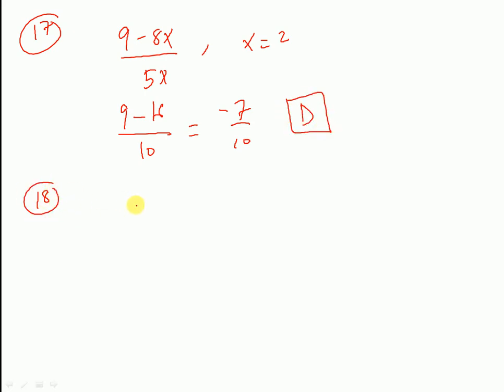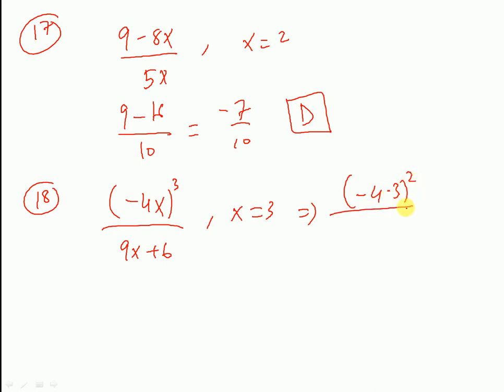18. Again, do the same thing, but this time I have a different expression: minus 4x cubed over 9x plus 6, with x equal to 3. So I have minus 4 times 3, that's minus 12, and then cube.